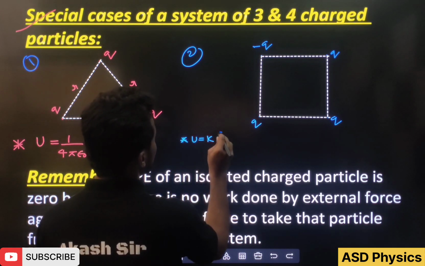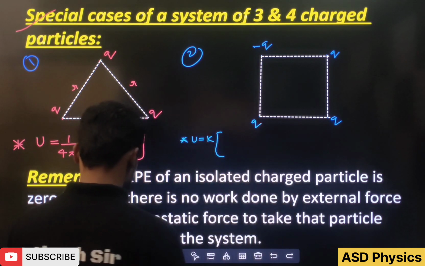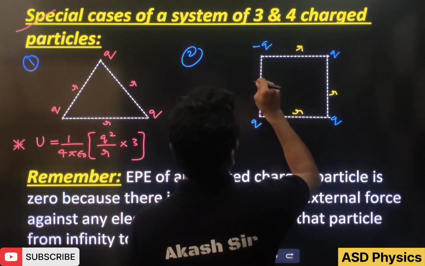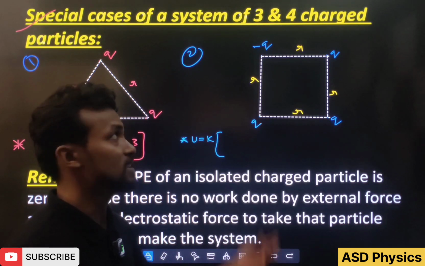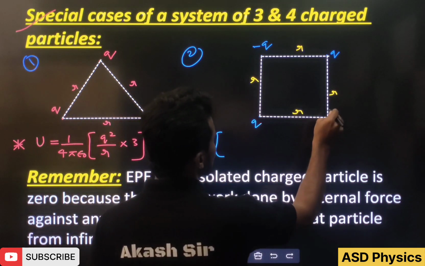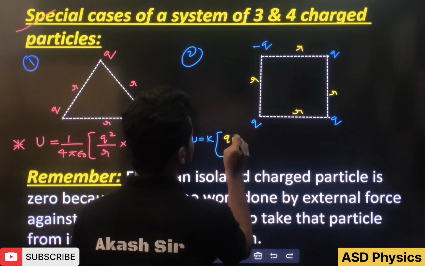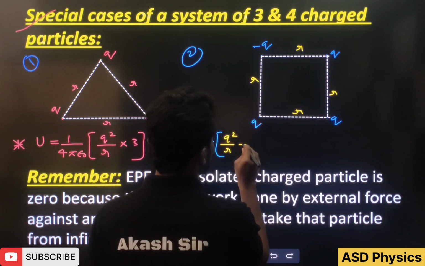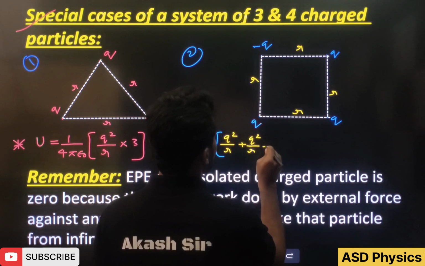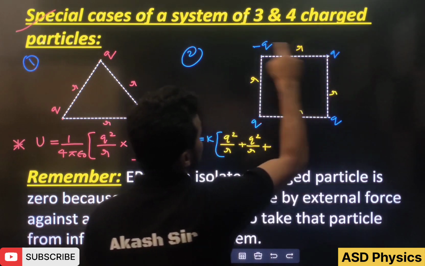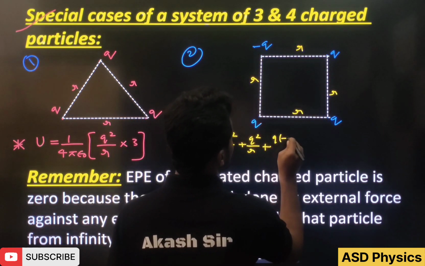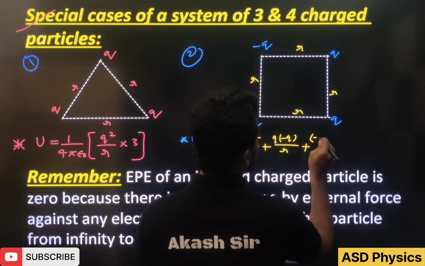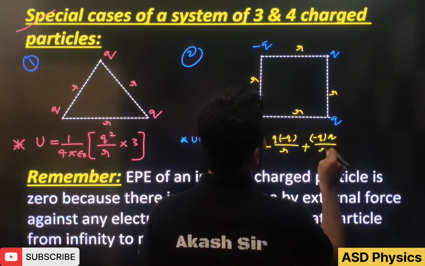U equal to K. Let's take each side as R. If all are positive we can write very easily, but if one is negative, then first for this one, Q square by R, this is also Q square by R, plus this one, Q into minus Q by R, plus this one again, minus Q into Q by R.